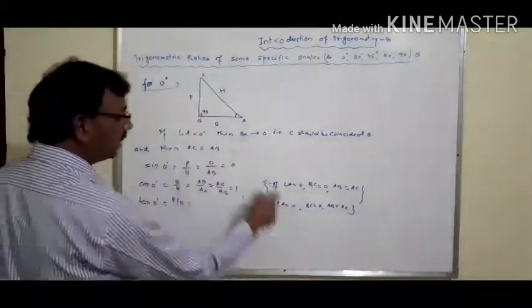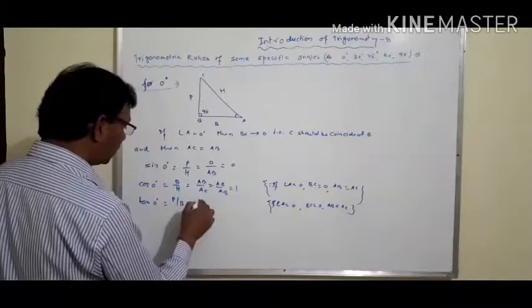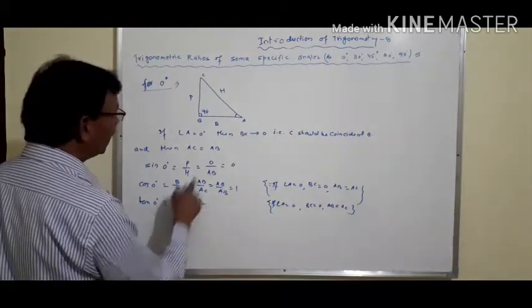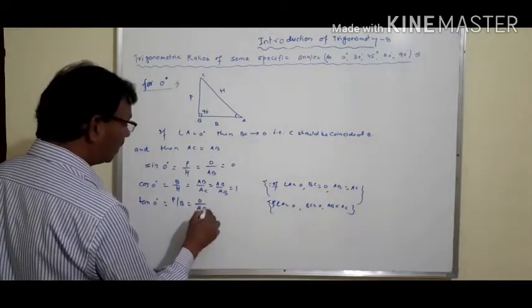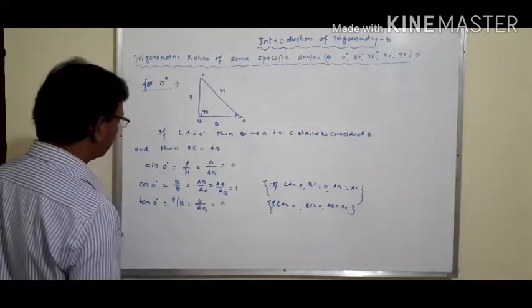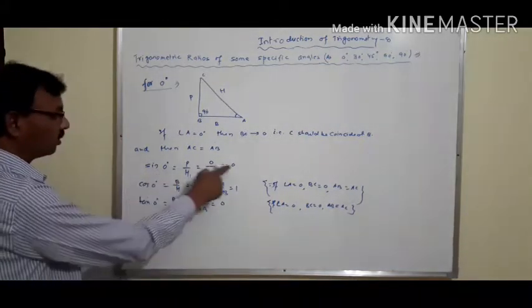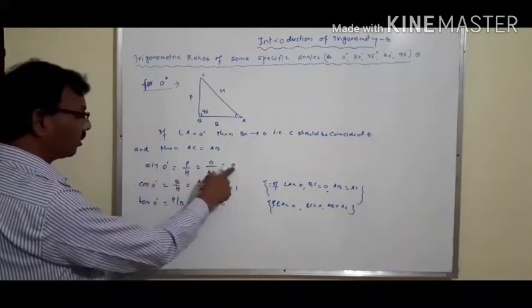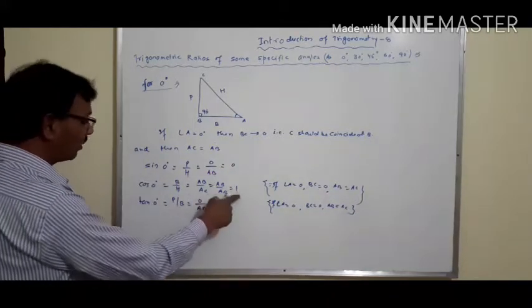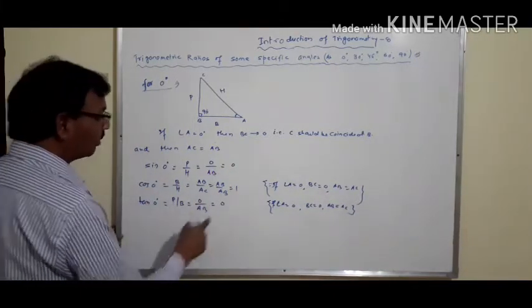Perpendicular means BC, and BC is 0. So this will be 0 upon base AB, which equals 0. That means sine 0 degree equals 0, cos 0 degree equals 1, tan 0 degree equals 0.